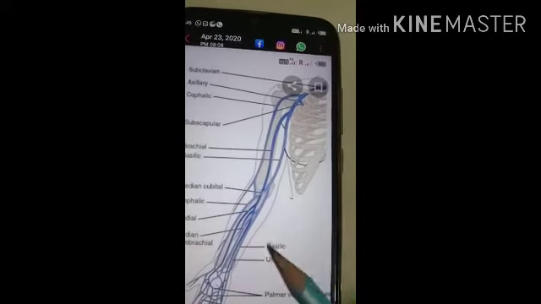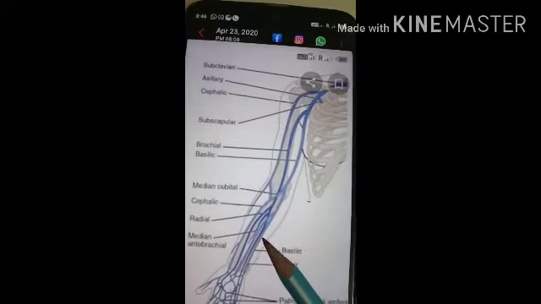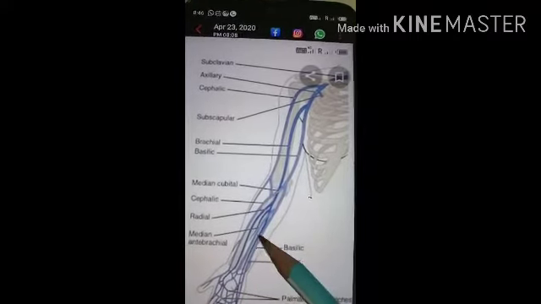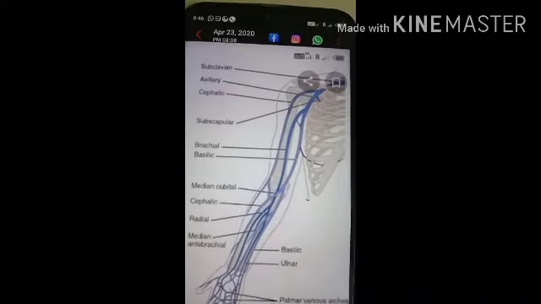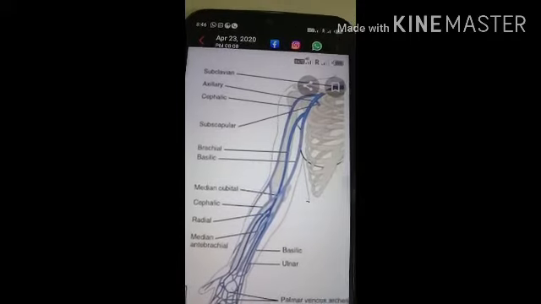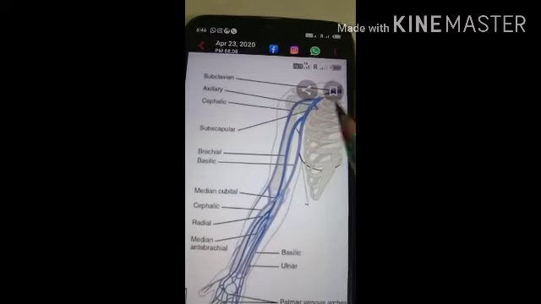Firstly, the venae comitantes form the radial vein and the ulnar vein, which follow the same course as the radial and ulnar arteries. Then the second one is the brachial vein. So these are the two small veins present, one on each side of the brachial artery.